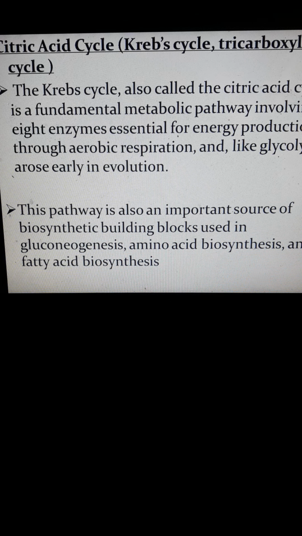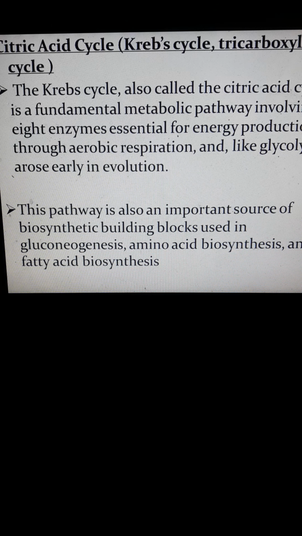And like glycolysis, it arose early in evolution because the product of this one, the oxaloacetate, is also a building block in the production of glucose under gluconeogenesis.